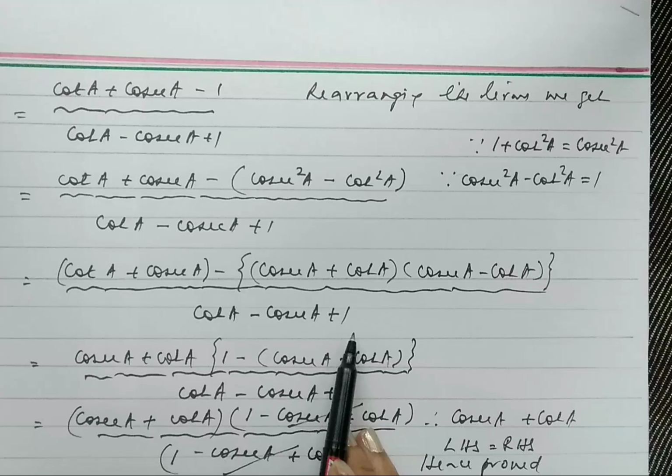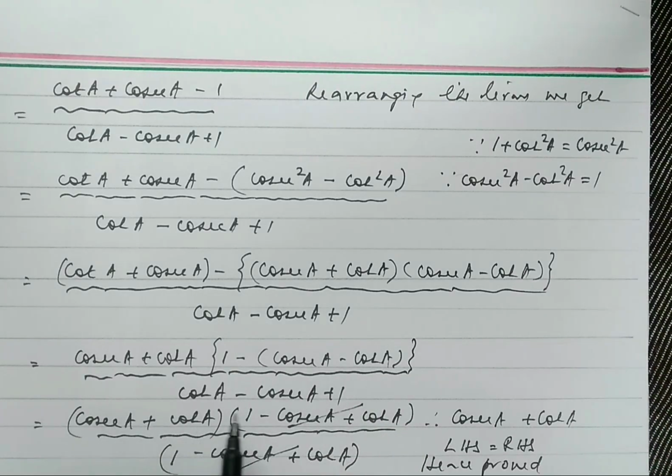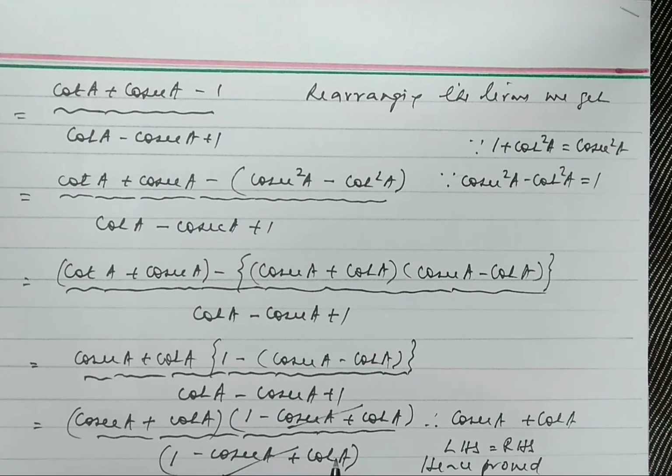Next, what we do is we keep this, but we try and rearrange. What do we rearrange? The denominator as per this. We knew that +1 can be written here like this.